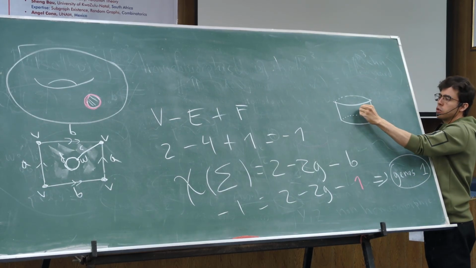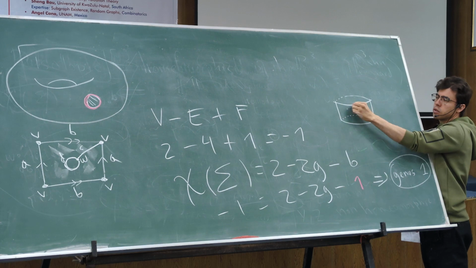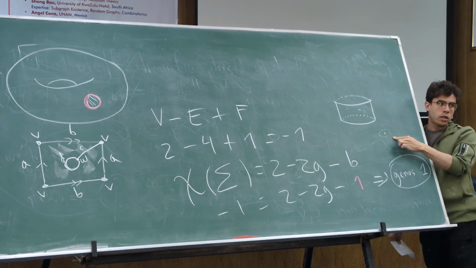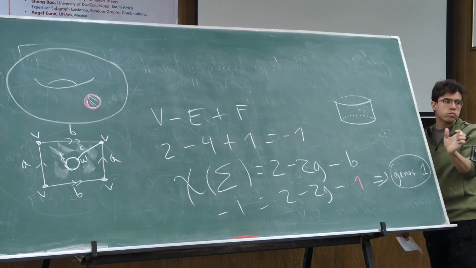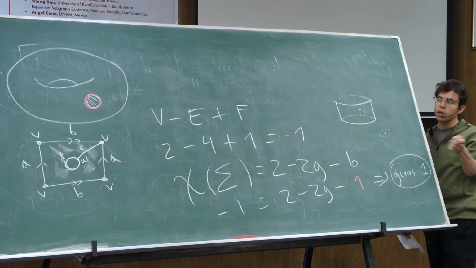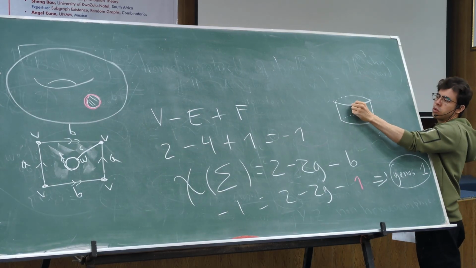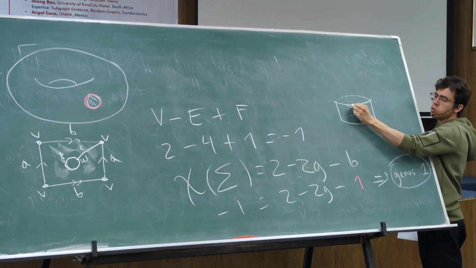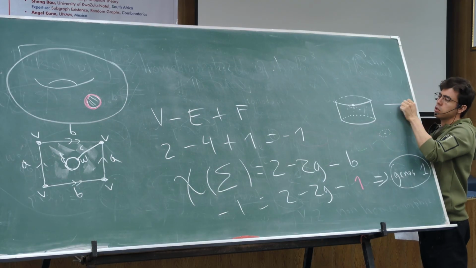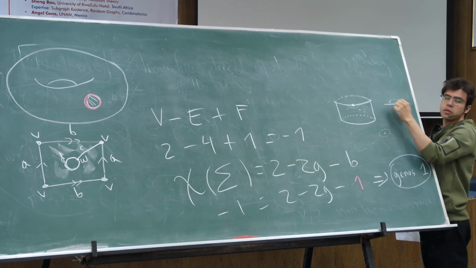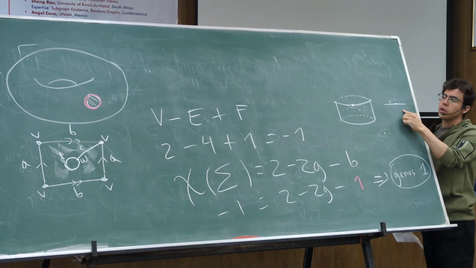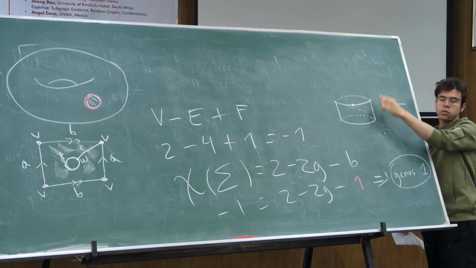So every point that we take in the cylinder, if we take a neighborhood, it's like a disk, R2, an open disk. But what happens if I take a point here? How is the neighborhood? Like a half disk. This kind of point is what we call boundary. Here we have 2 boundary components.